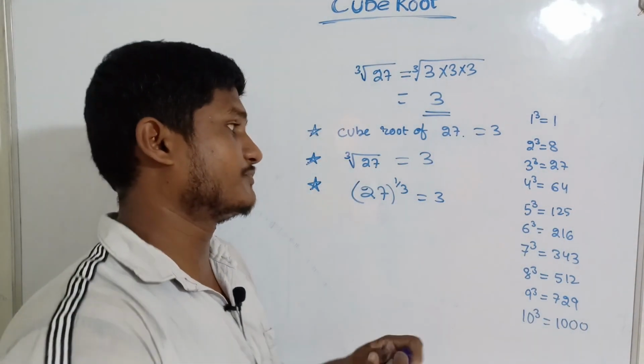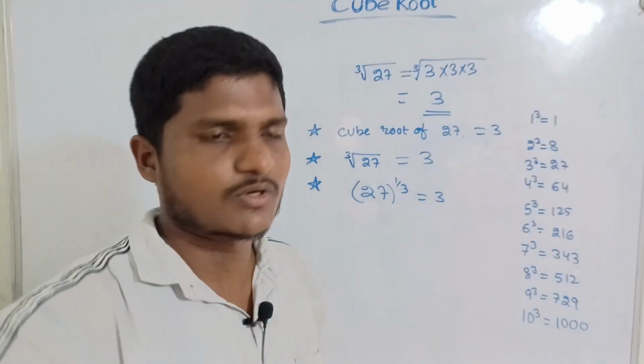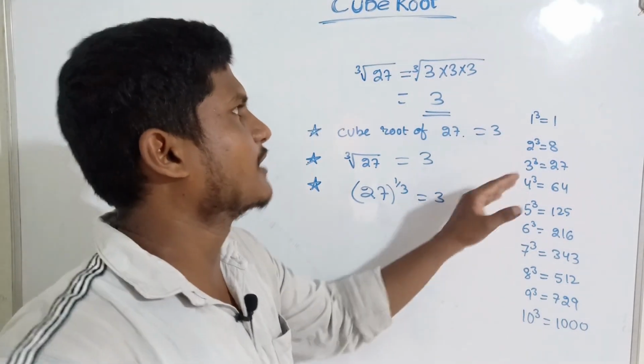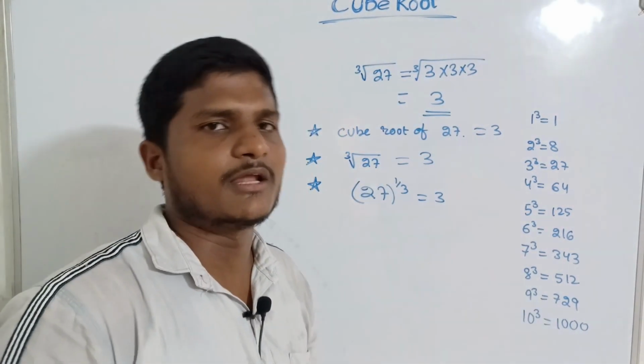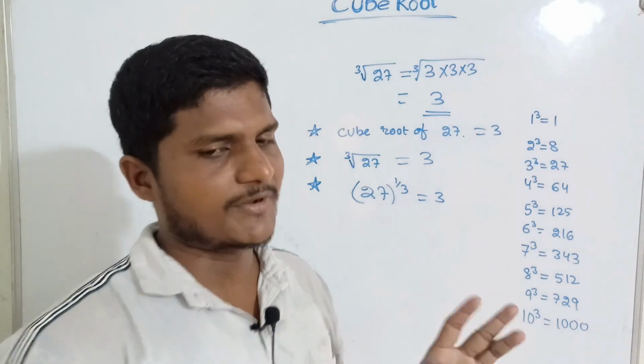You have to compulsorily remember these numbers, so that you can find the cube root of any number if the number is a perfect cube.